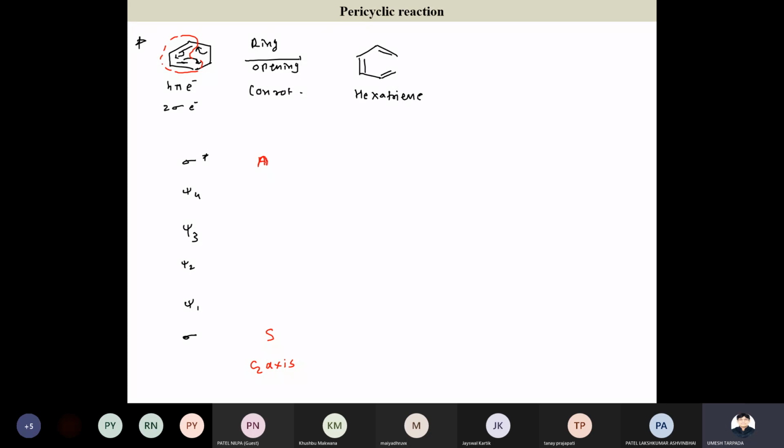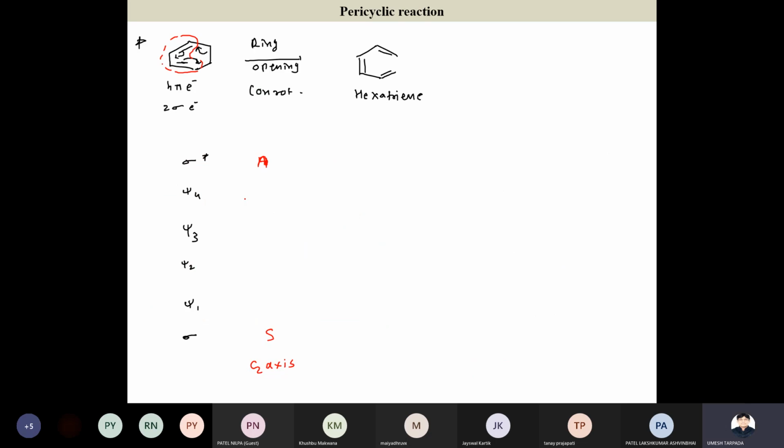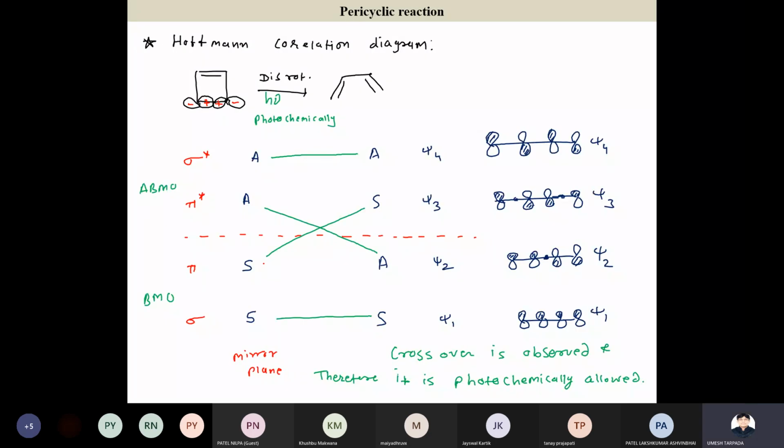Butadiene, the first level is what we have just seen earlier. First level is C2 axis asymmetric. Second level: in butadiene, is the second level C2 axis symmetric or asymmetric?